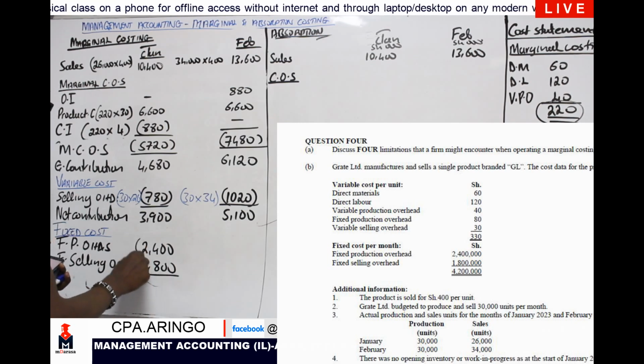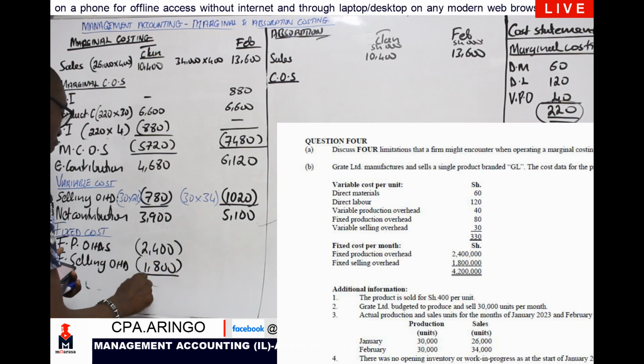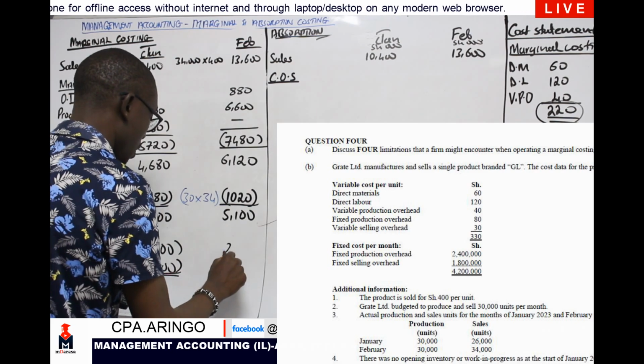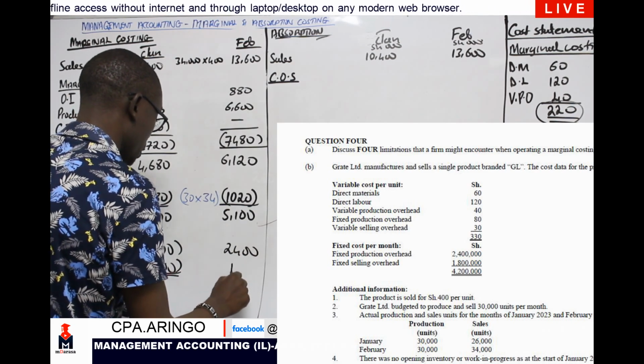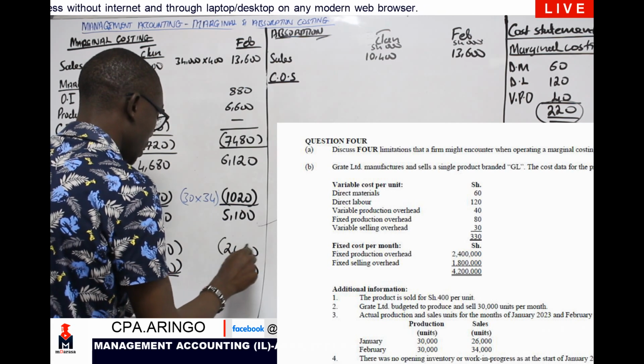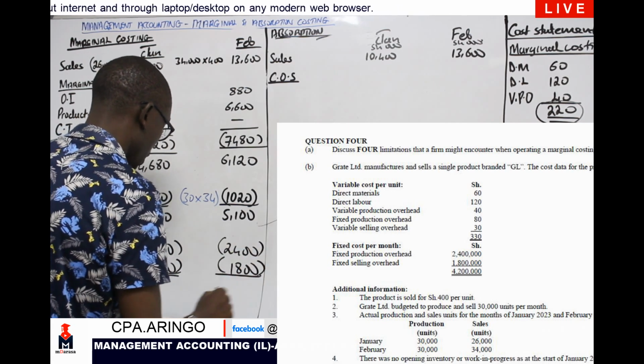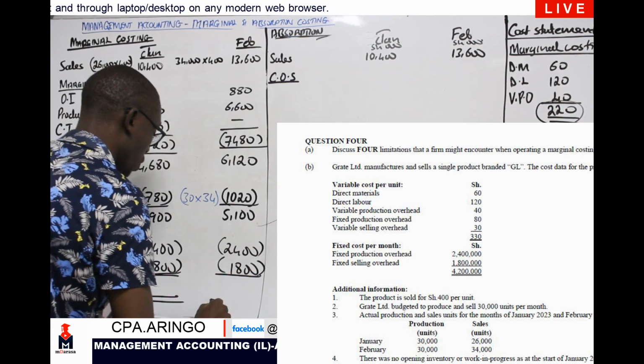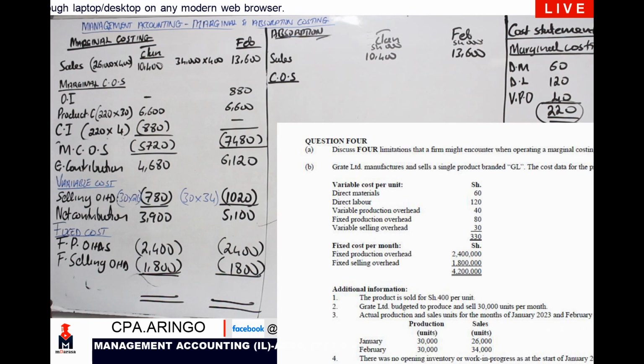So having all this, we can comfortably say these were fixed, so they were constant in all the months. We can therefore agree that my net profit here will be how much?